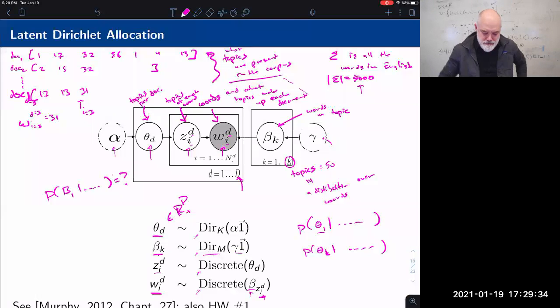Has everybody forgotten the question? What's the posterior distribution of beta 1 given everything else? What does it mean? What is it? It's almost done. Come on. Distribution of words in topic 1 from the training corpus? Yes. Is it identifiable? This is a really nasty question. No is the right answer. Good.